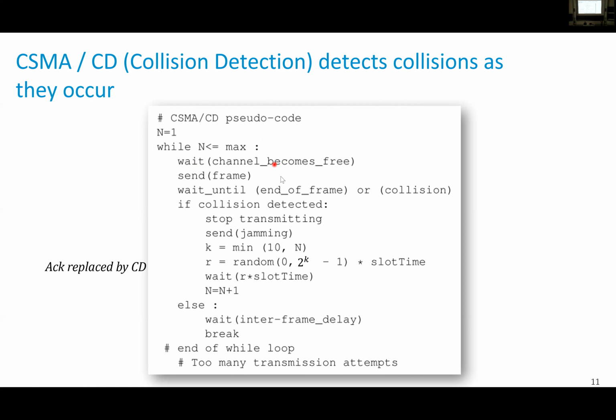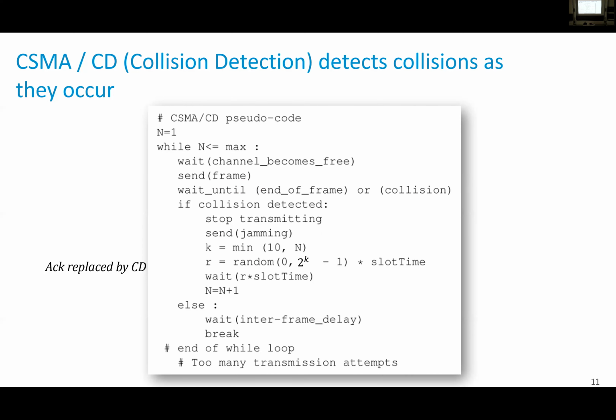We wait until the channel becomes free, then we send a frame, and then we do not wait until we receive an ACK, but instead we monitor the channel while sending and see whether there is a collision. If there is a collision, we stop transmitting, we wait a random time and we send again. Otherwise, we believe it's okay. So the acknowledgement is replaced by the collision detection mechanism. Of course, this does not always work. So this is making a strong assumption, which is true on many cable systems.